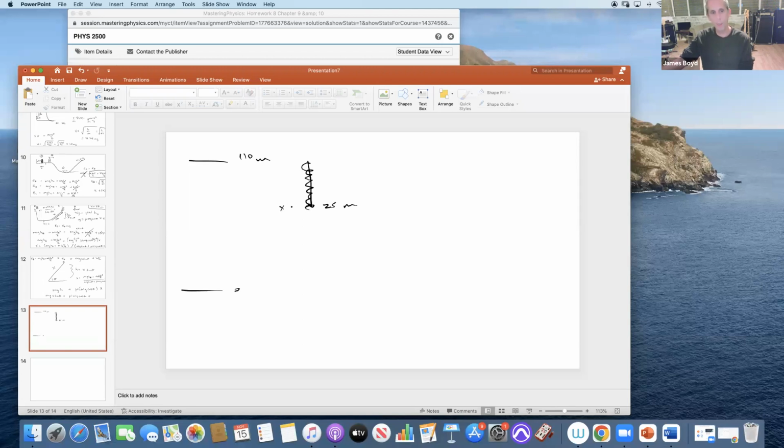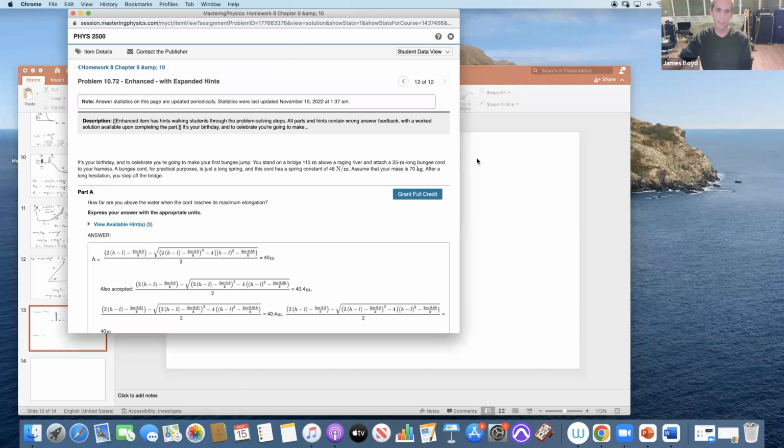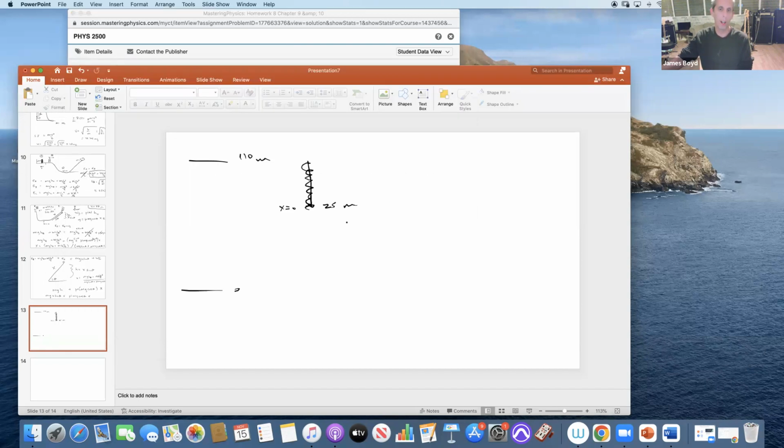And this is where x is equal to 0. So when it said x is equal to 0, it's at 25 meters below the bridge. Now, we need to figure out what the maximum elongation is using energy, okay? So I'm going to set my height 0 here.